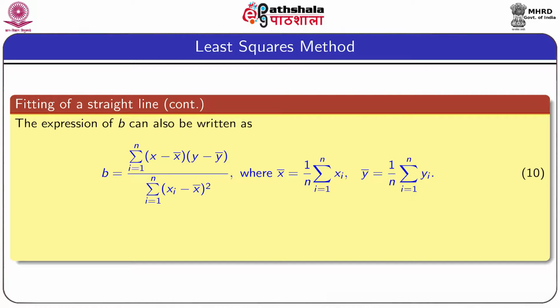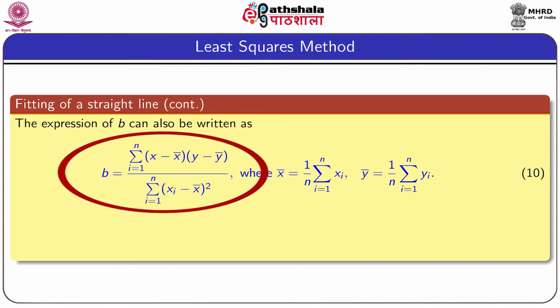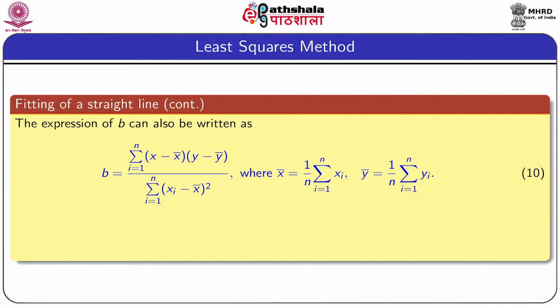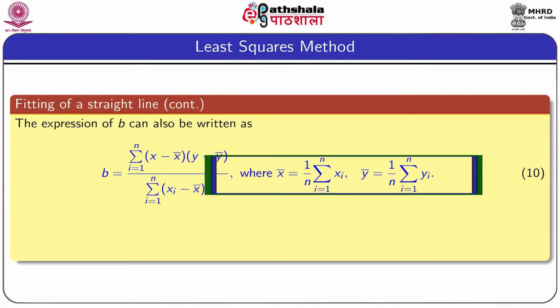The expression of b can also be written as b equal to, numerator summation i equal to 1 to n (xi minus x bar) into (yi minus y bar), and denominator summation i equal to 1 to n (xi minus x bar) whole square, where x bar is called the mean of x, that means x bar equal to 1 by n summation xi, and similarly y bar equal to 1 by n summation yi, this is the mean of y.